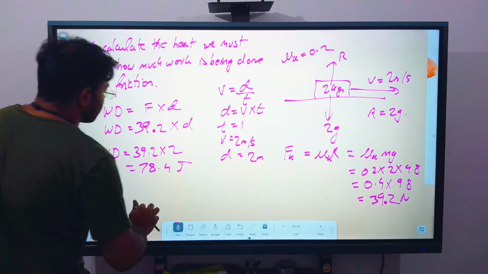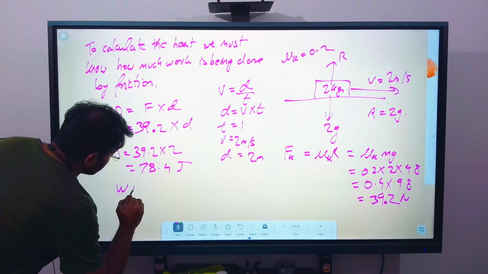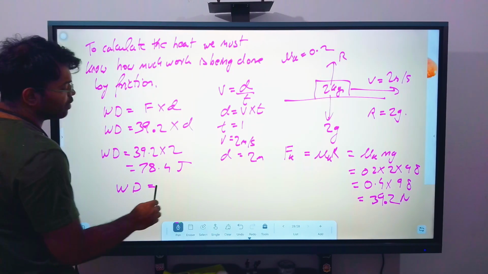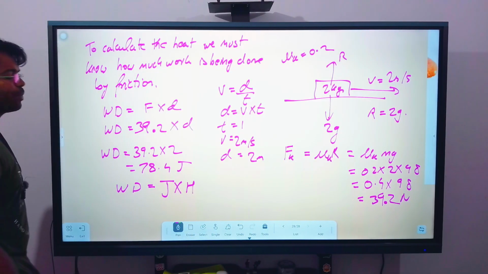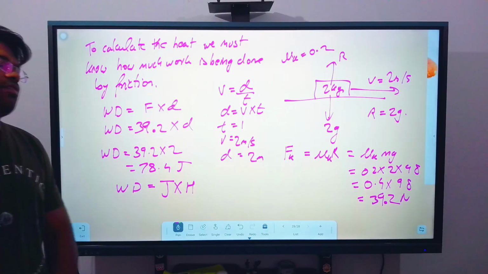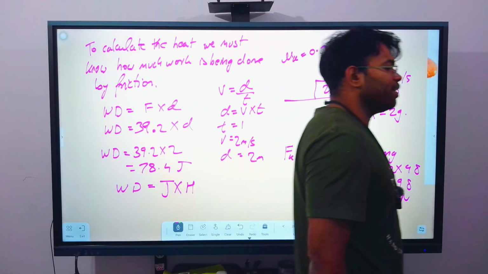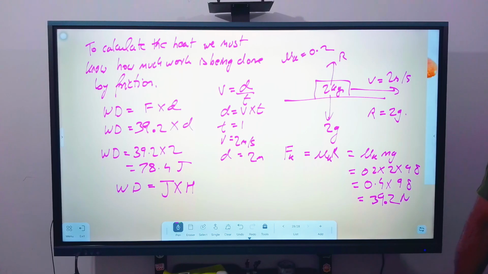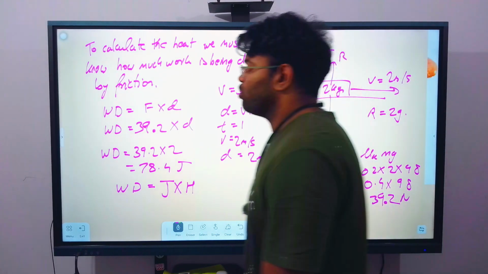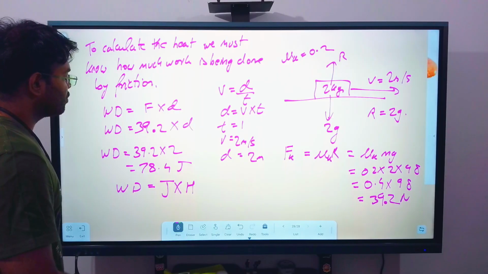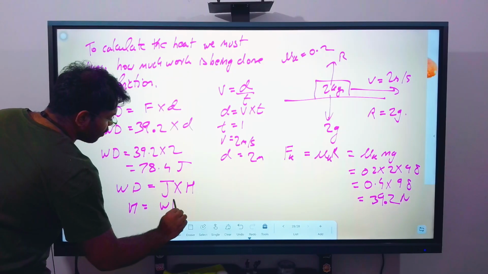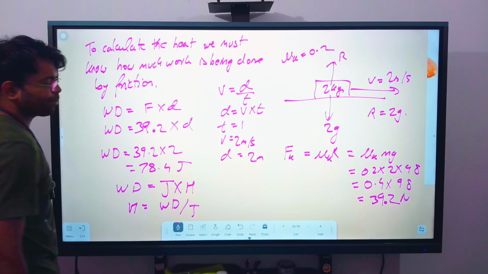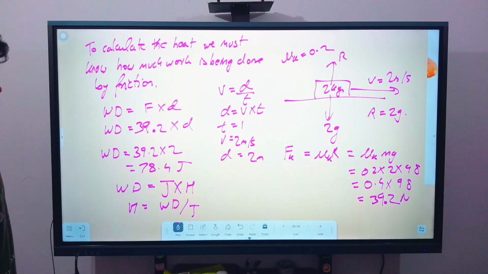Work done is always equal to J multiplied by H. This is something that we are going to learn in the thermal properties of conductors and insulators. So the heat generated will be equal to work done upon J. Clear?